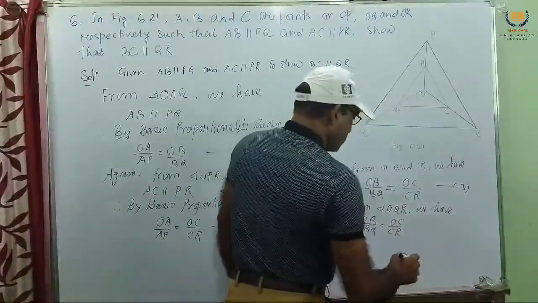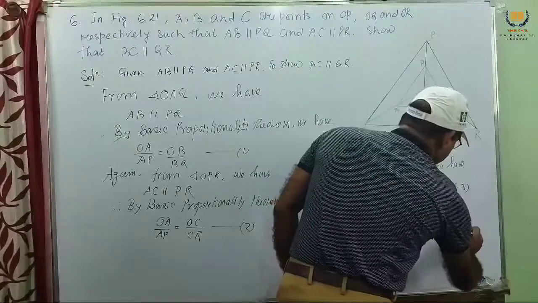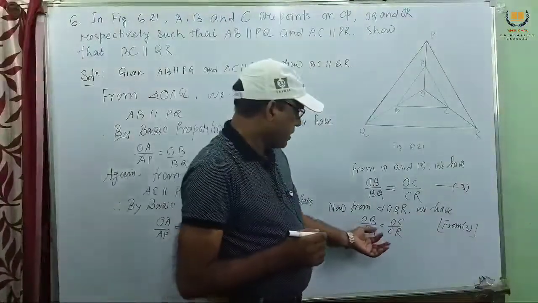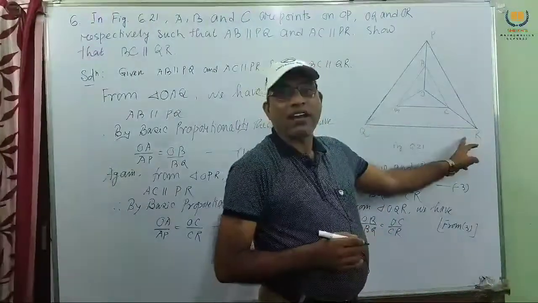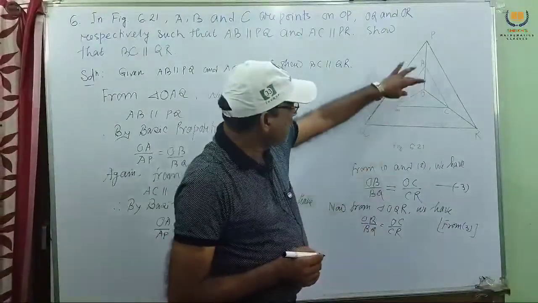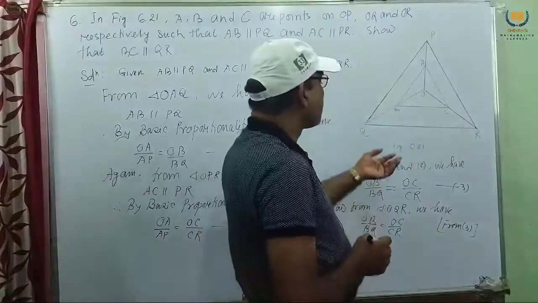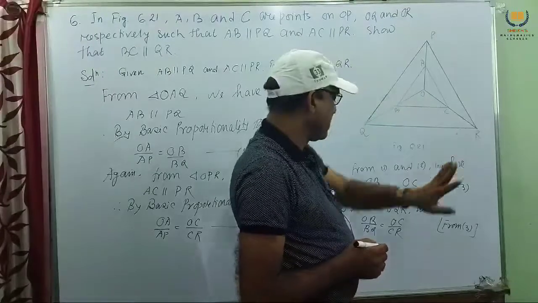So from 3, or using the proof above, in triangle OQR, OB by BQ equals OC by CR. So we get this by this equal to this by this.